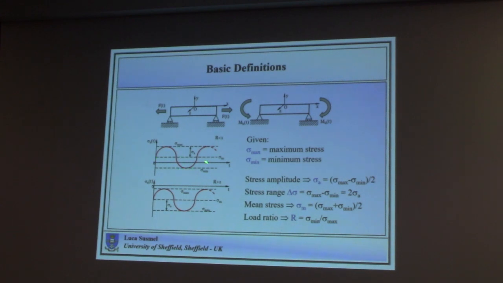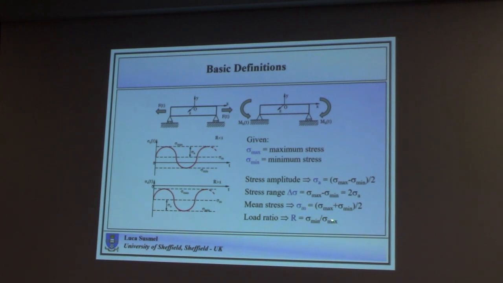But when we deal with constant amplitude problems, clearly the stresses we use to analyze our problems, still the nominal stresses, can be characterized by a maximum value in the cycle and a minimum value in the cycle. Accordingly, if the max and min values are known, we can calculate the amplitude, max minus min divided by 2, the range, which is max minus min, and is equal to 2 times the amplitude, the mean value, and finally the load ratio, which is the minimum stress divided by the maximum stress.